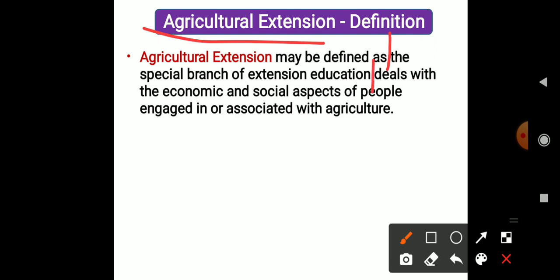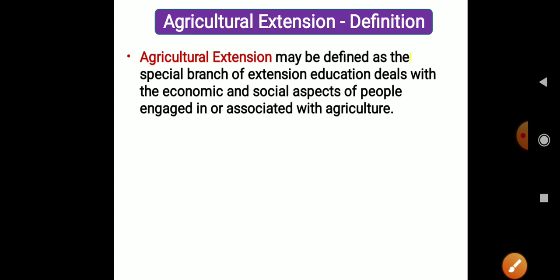In extension there are a number of branches. Horticulture extension is there, home science extension is there, engineering extension is there. So agriculture extension deals with economic and social aspects of people engaged or associated with agriculture.